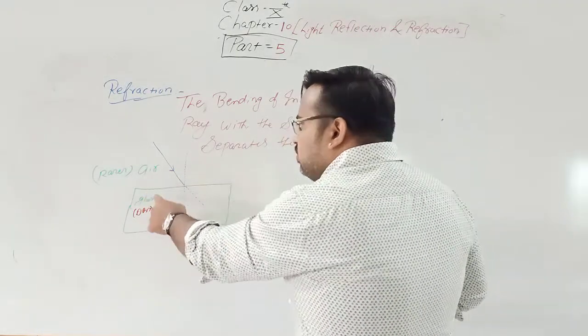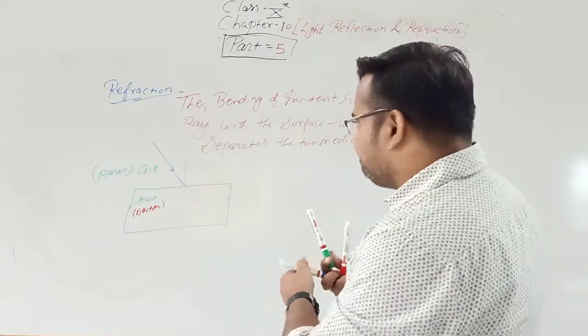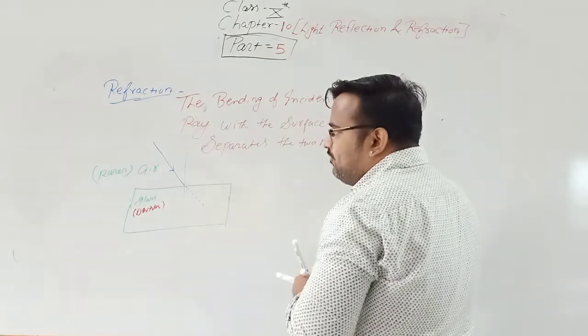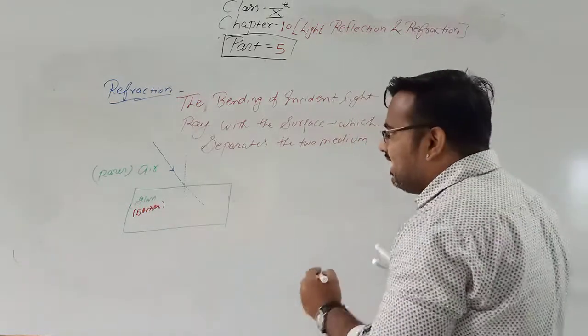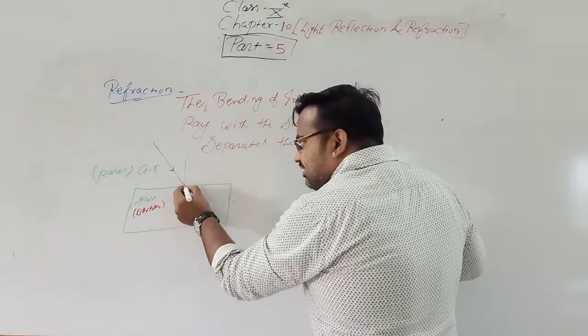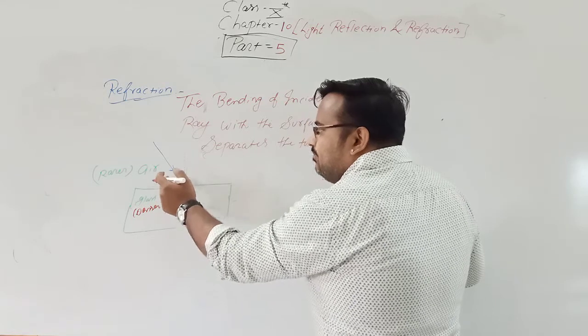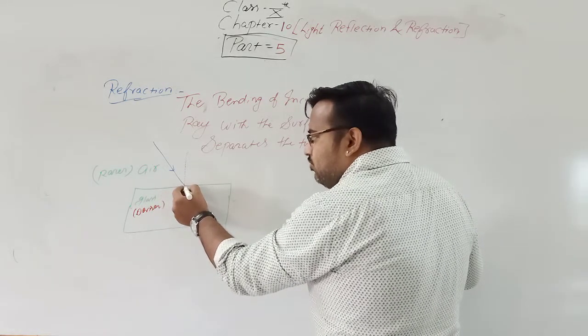So from air to glass, the medium has changed. Since the medium has changed, the first rule of refraction says that the incident ray, after entering into the denser medium, bends towards the normal.